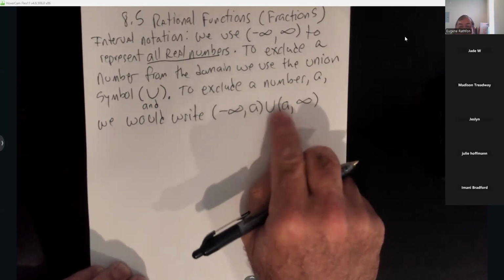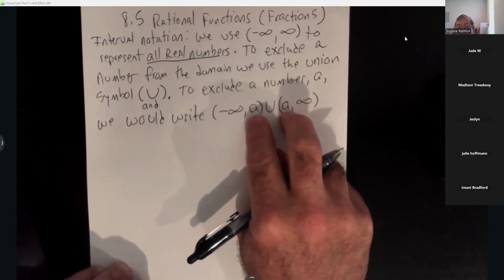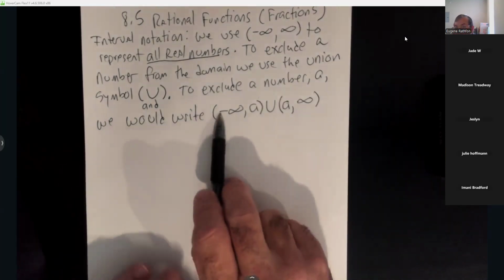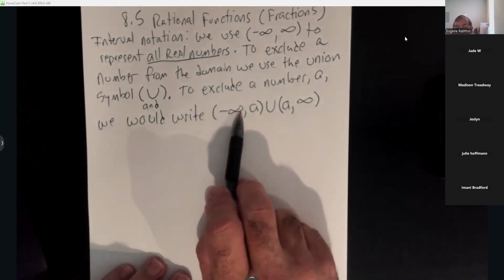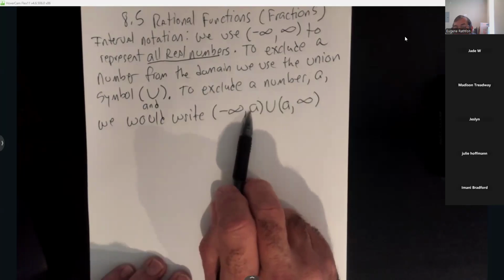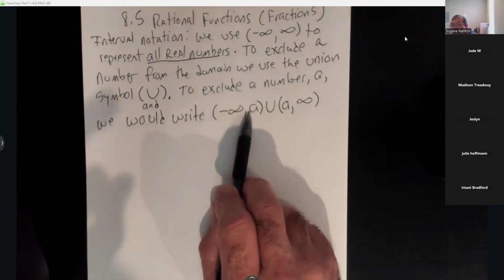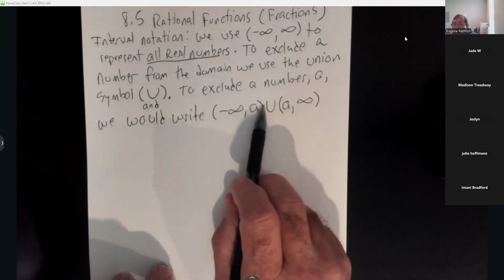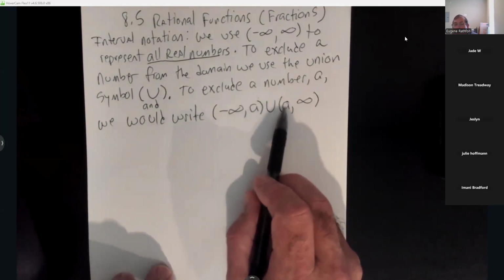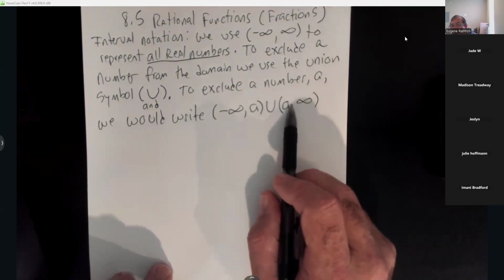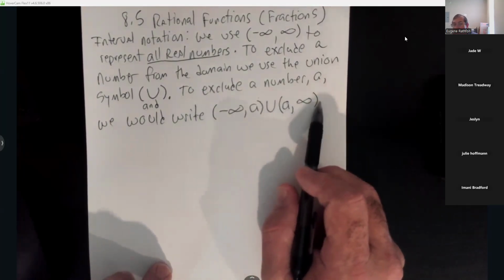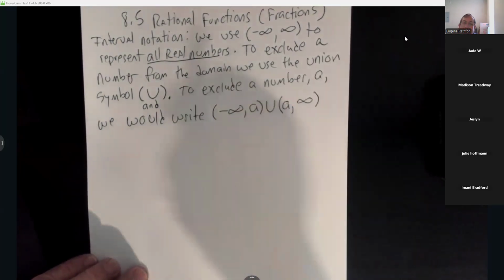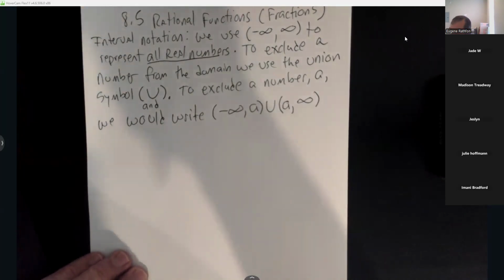So we can go from negative infinity on the left side up until we get to A, but not including A. So we're going to exclude it by using the union here. And then from this side, it takes off from the right side of the number and goes towards infinity. So this union move right here is how I'm going to exclude my numbers, okay?